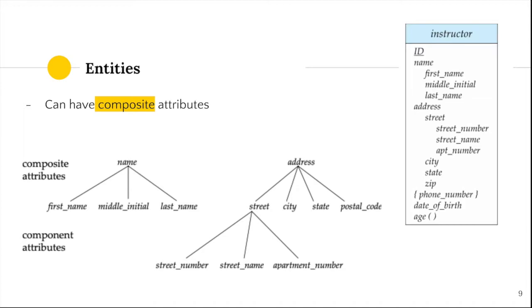Another thing that we can represent as an attribute are derived values. Suppose we have information about the date of birth of the instructor. We know that we can compute the age of the instructor using the date of birth. So we can specify that the attribute age is a derived attribute from the date of birth.